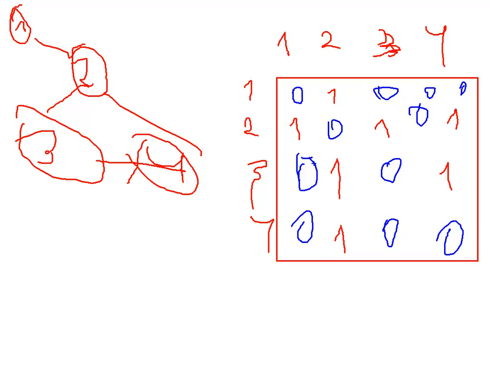Picasso is jealous. Okay, so that's basically, so these zeros over here are non-existent. So that's a matrix of adjacency. Yes? You want to take these things out.